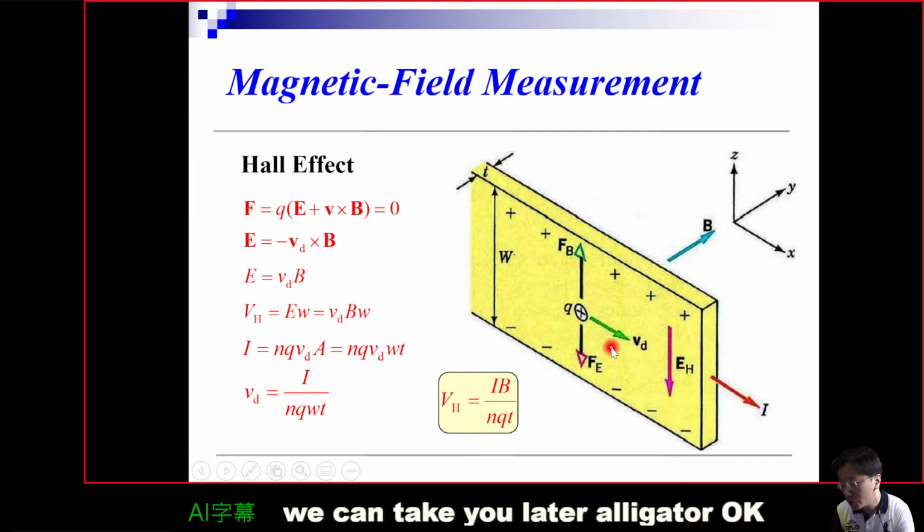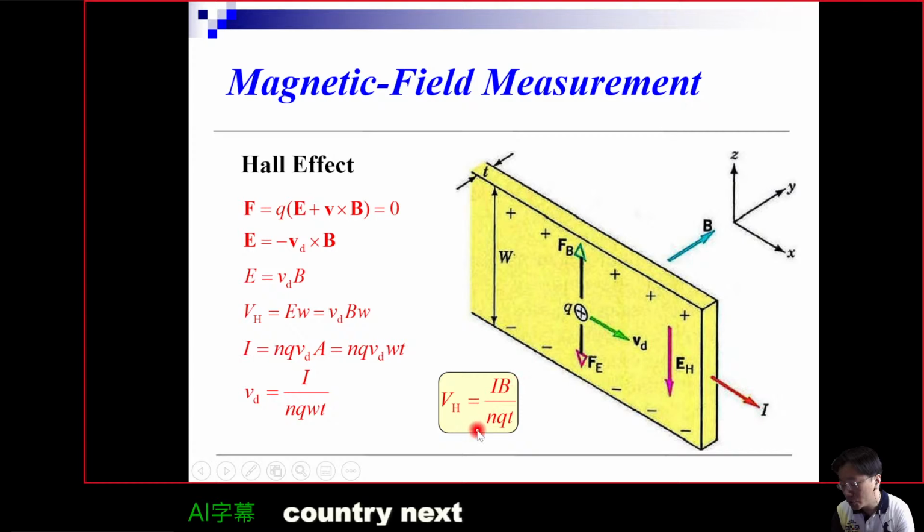Or in contrast, maybe we already measure the VH. We know the current that we inject. We also can control the magnetic field we apply, so we can get the density of the charge carrier. So if there is any parameter you want to measure, you can vary it here. There are 4 parameters, so you can get the parameter that you want.